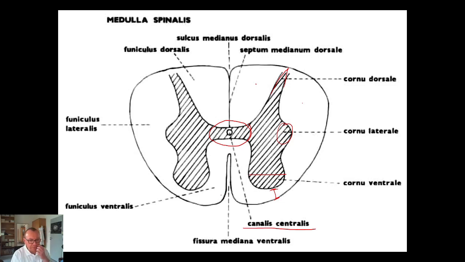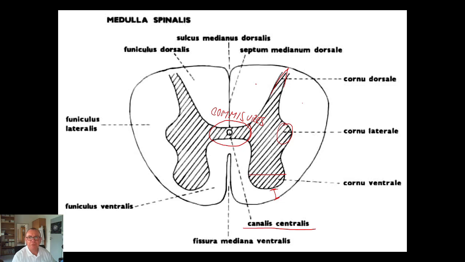We will see in the microscopic sections that it is lined by ependymal cells, which will resemble simple columnar epithelium, and the gray matter around the central canal forms dorsal and ventral commissure. There are gray commissures, and that is a description of the gray matter of the spinal cord.